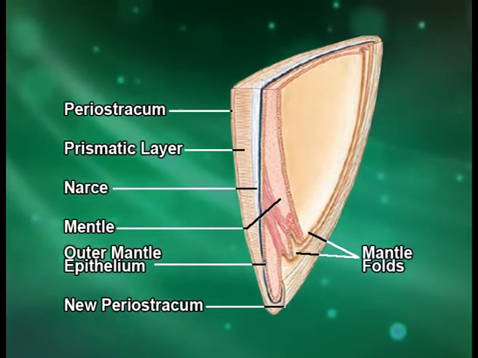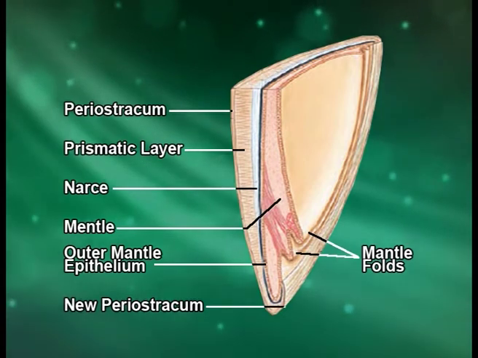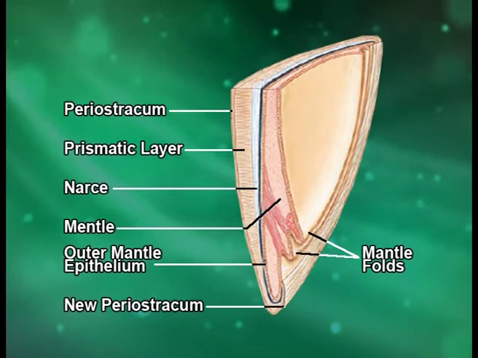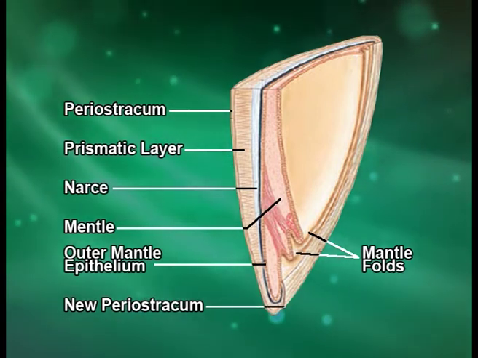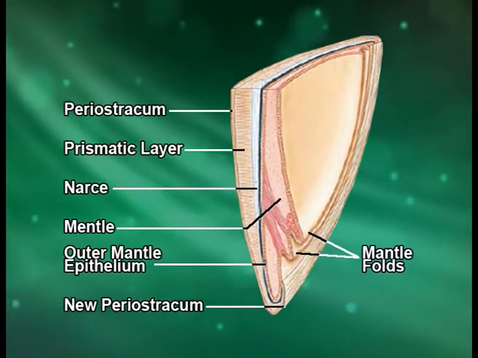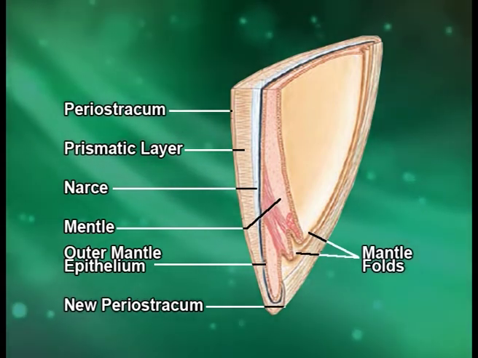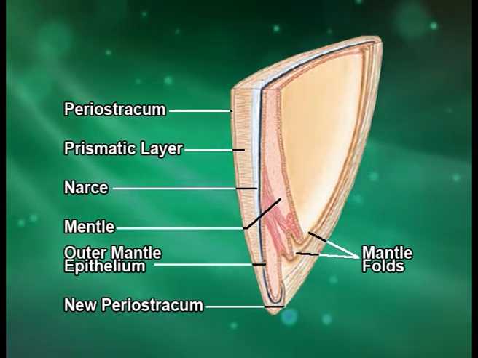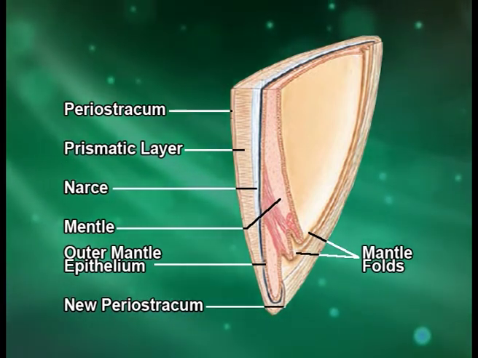The prismatic layer is formed by the margin of the mantle only, the pearly layer by the general surface of the mantle, and this layer gradually encroaches on the former, which consequently cannot afterwards increase in thickness, whereas the pearly layer may do so throughout the life of the animal.